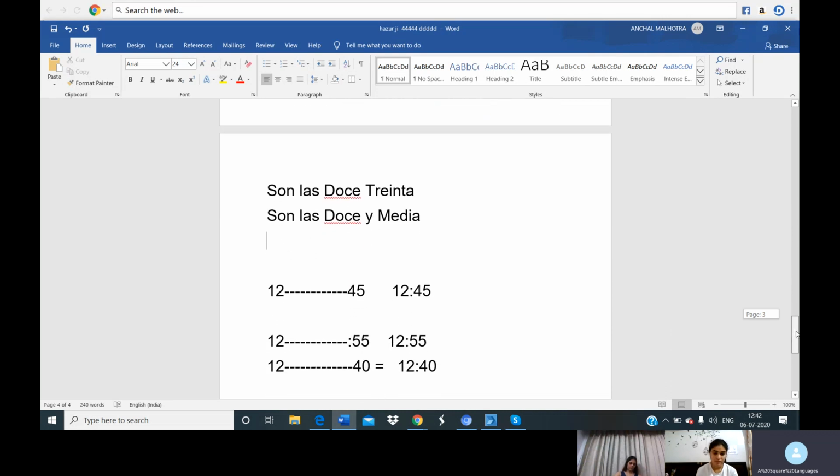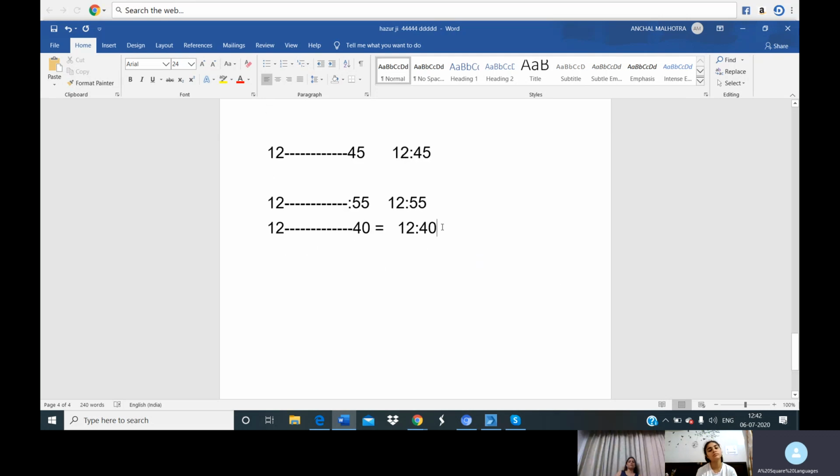Now we have 12:45. After 12:40, for example, we have 12:40 first. 12:40, what we use, it means we are left with 20 minutes. 20 to 1.